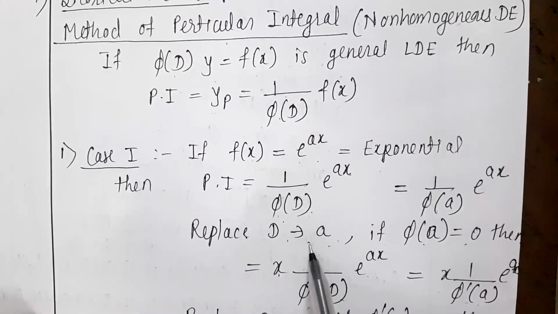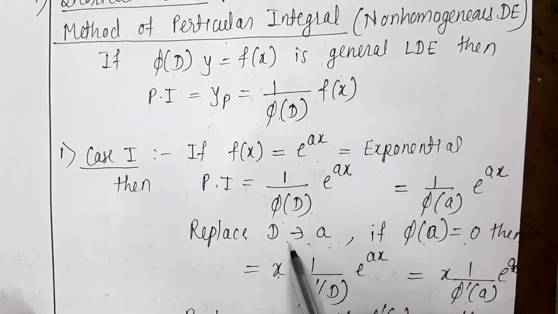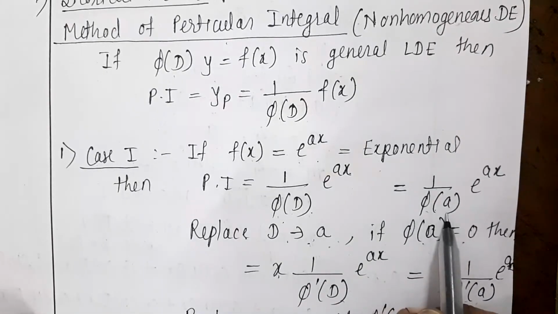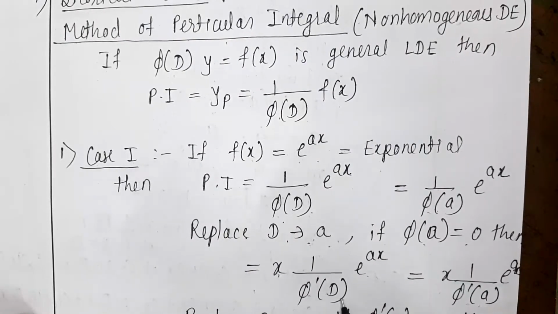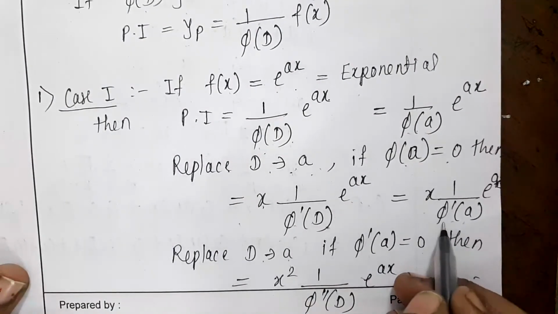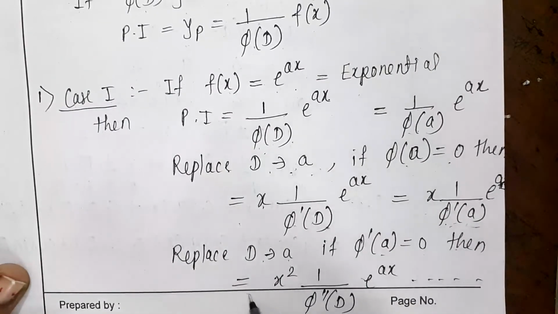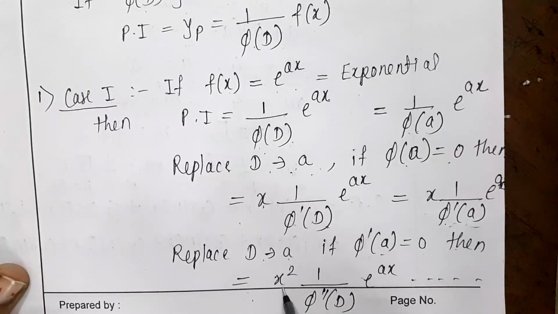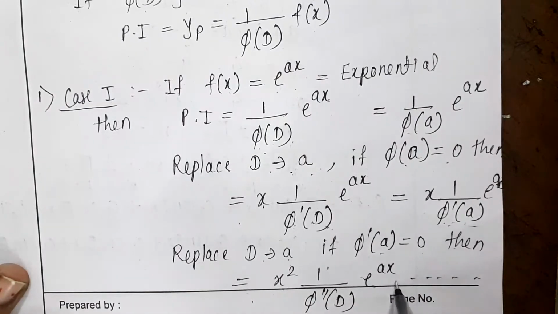This is an important step. Now in all cases you have to remember that after replacing, if the denominator becomes 0, then always we multiply by x and find the derivative of phi of D, which is phi dash of D. Again replace D by a, but after replacing D by a, again if the denominator becomes 0, that is phi dash of a is equal to 0, then we again multiply by x, that is x square multiplied by 1 upon the derivative of phi dash of D, which becomes phi double dash of D, into e to the power ax.